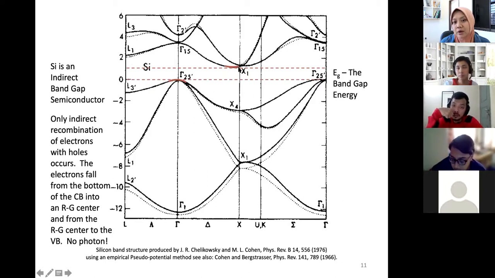The band gap is the energy between the minimum of the conduction band and ni valence band. Ni semua valence band. Naik turun naik macam ni kan. And then the band gap is the minimum of the energy difference between the minimum of the conduction band and the maximum of the valence band.